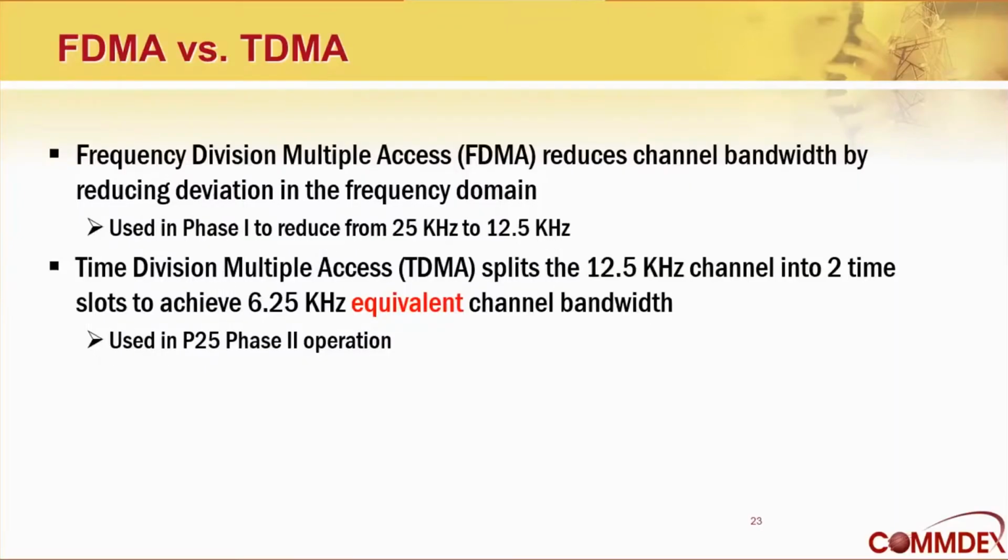We'll talk about those modulations. But again, FDMA reduces the bandwidth by reducing the deviation in the frequency domain. So the reduction came when we moved from 25 to 12.5 kilohertz. TDMA took it to the next step and split that 12.5 into two time slots, giving us the equivalent of 6.25 kilohertz bandwidth.